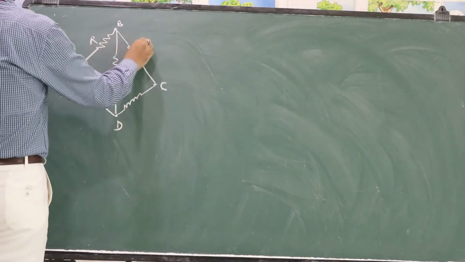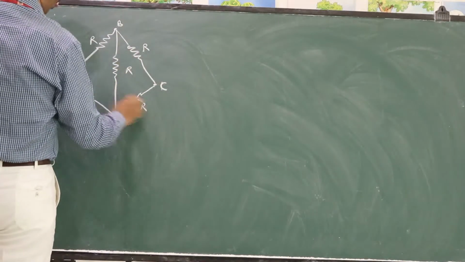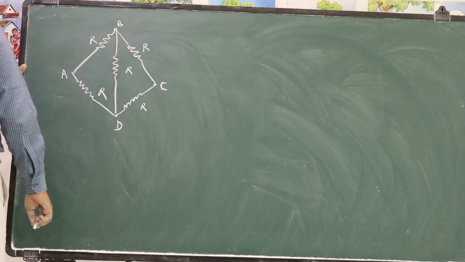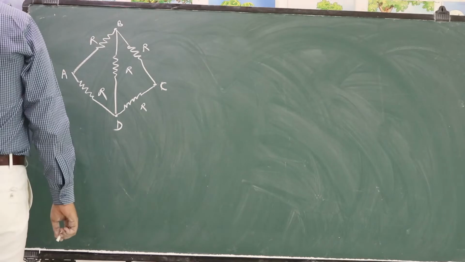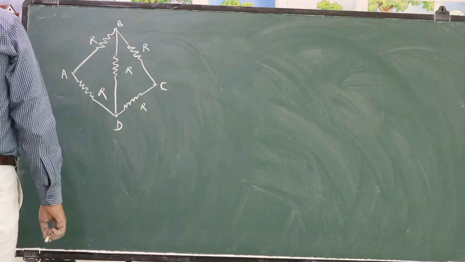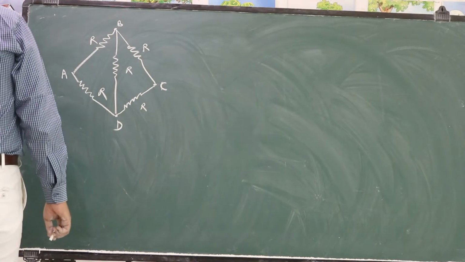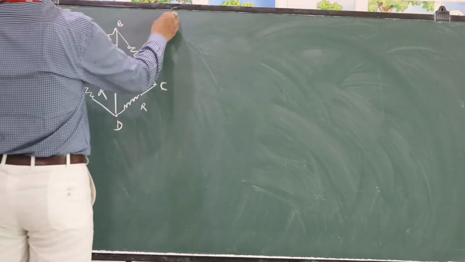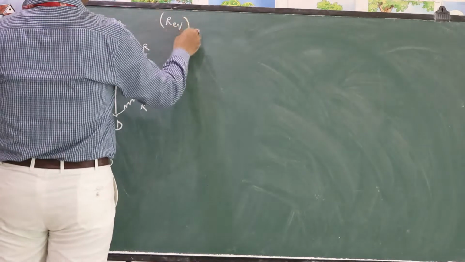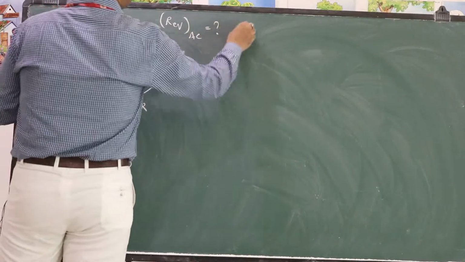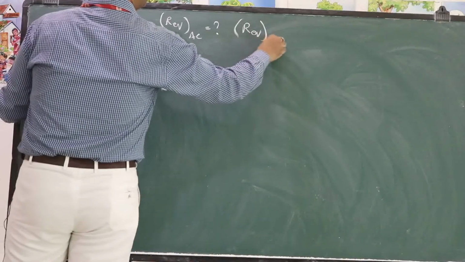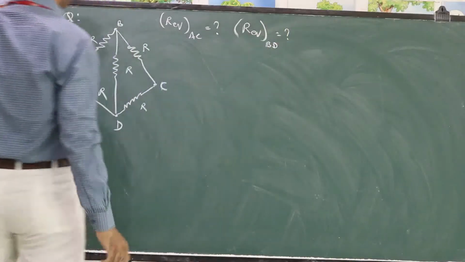All the resistors are having identical resistance R. Find the equivalent resistance of the circuit between A and C, similarly between B and D. The question is R equivalent between A, C is equal to question mark. R equivalent between B, D is equal to question mark.